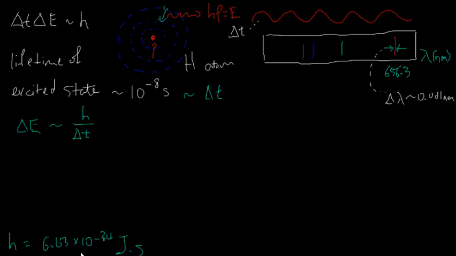So with these two numbers, we can calculate h over delta t, and the answer is 4.136 times 10 to the power of minus 7 eV. I'm giving that in electron volts.